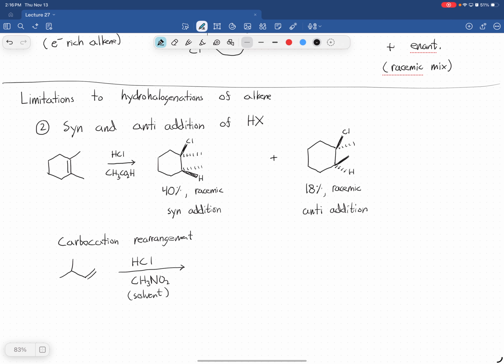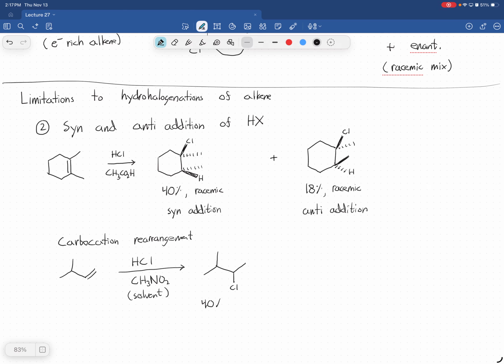So that's nitromethane. Okay. Very good solvent for SN2 reactions, polar reactions, stuff like that. So here you can get the unrearranged product. So you get that plus rearrangement.